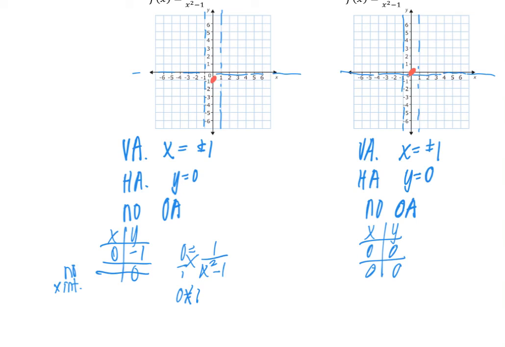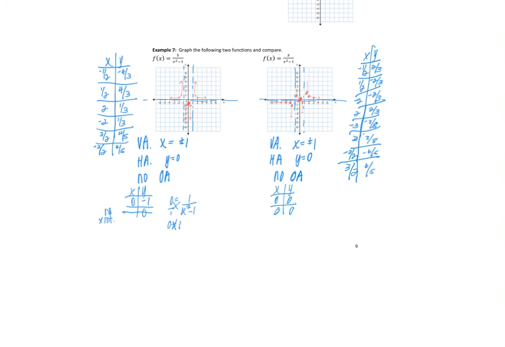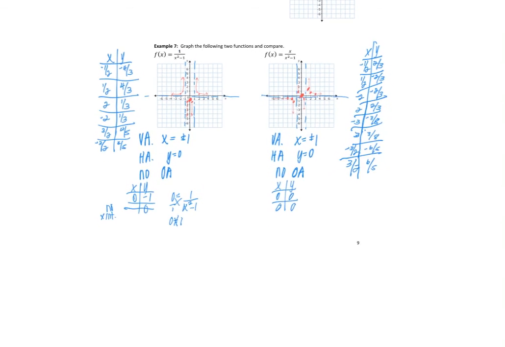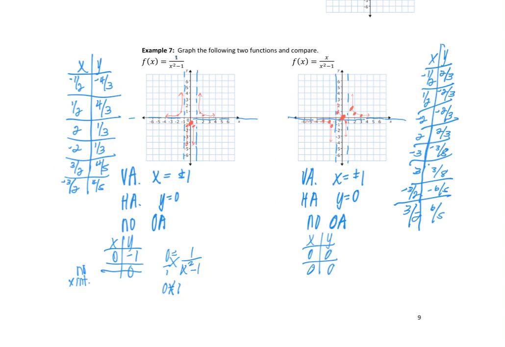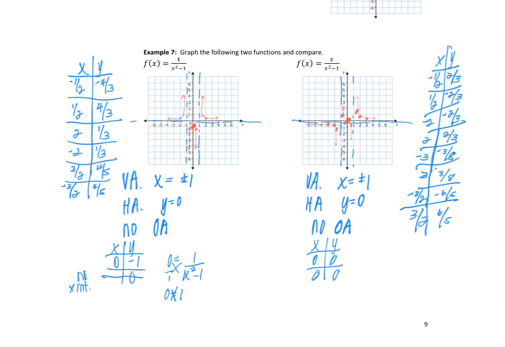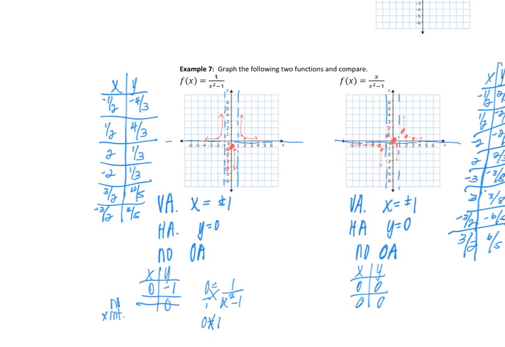Okay, to keep going, we just need more points. So let's do an XY chart. So I went ahead and just chose some x values and found the y values, and I went ahead and graphed it out for us. And what's important when choosing these x values, you can really choose anything you want.